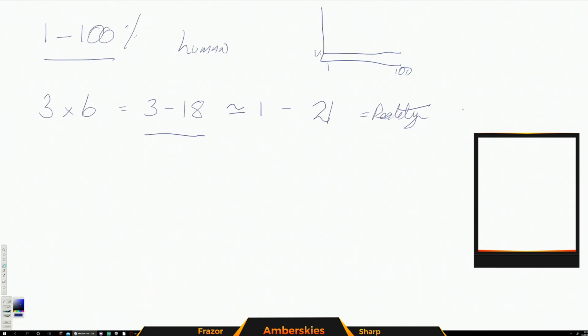This graph, however, goes 1 to 21, with 18 here. Notice there's a gap, and 10.5 here, and that's 50%, and there's a gap at the bottom as well, 3. So 3 to 1 is a gap, 18 to 21 is a gap.